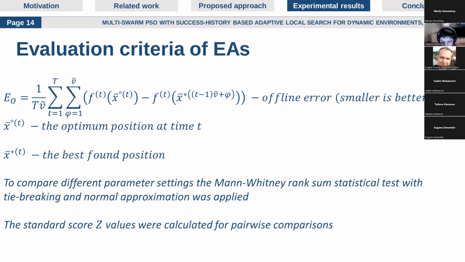Also, we used the Mann-Whitney rank sum statistical test and calculated the standard score, Z values. So this is for pairwise comparison. You can consider them as the amount of sigma. So 3 sigma is a significant difference. Everything below is not so significant.